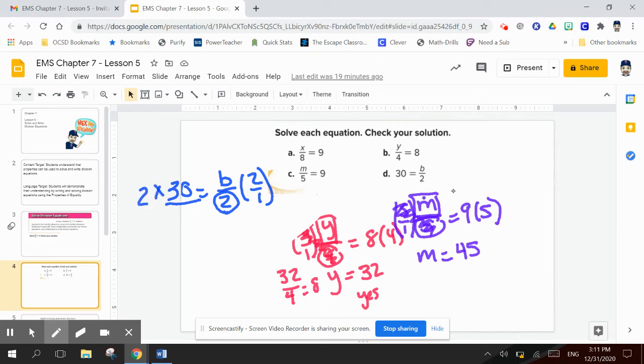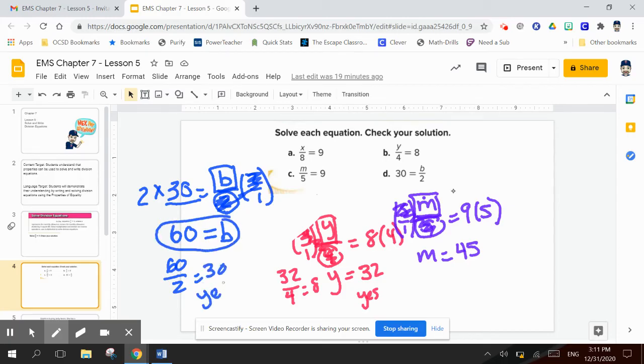When I simplify before I multiply, the 2s cancel out. I'm left with my variable b. And 30 times 2 is 60. To check that, I would take 60 divided by 2 equals 30. Yes, that is a true statement.